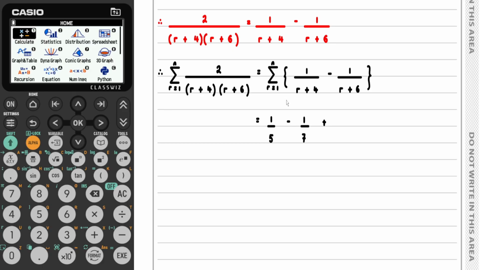When I substitute in r equals 2, I've got 1 over 2+4, which is a sixth, subtract 1 over 2+6, which is an eighth. When I substitute in r equals 3, I've got 1 over 3+4, which is a seventh, subtract 1 over 3+6, which is a ninth.